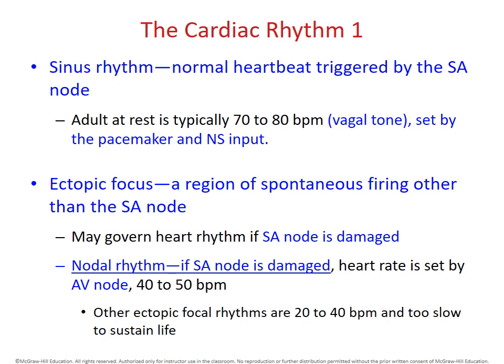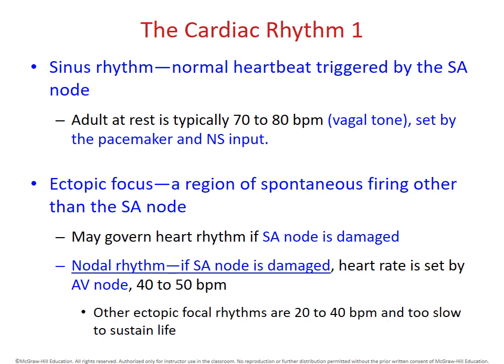Now, in case you're wondering, what happens if your AV node is also damaged? If the SA node can no longer work, we give it to the AV node. If the AV node can no longer work, then we go over to our bundle of His. Remember the one that runs down the entire length of the interventricular septum?